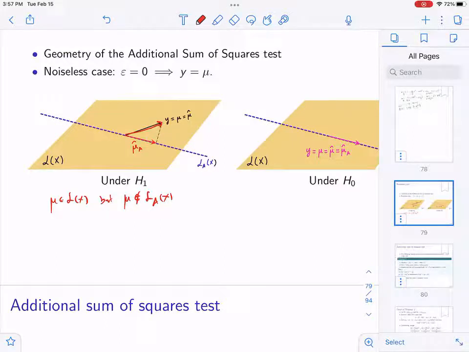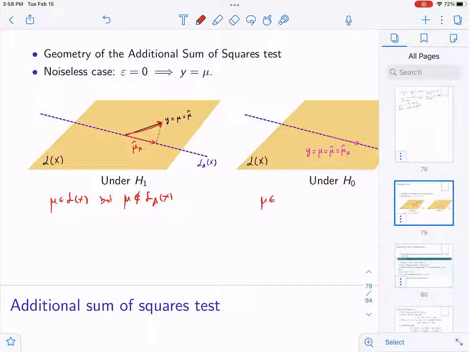Then I project y onto L of x, the bigger subspace, and I get back y itself because it's already there. So mu hat would be equal to y. But when I project onto L_A of x, I get something different because y is outside that subspace. So there's going to be a proper error here.